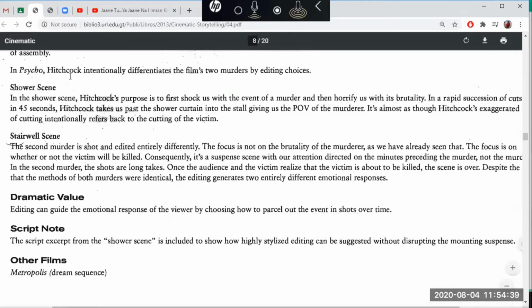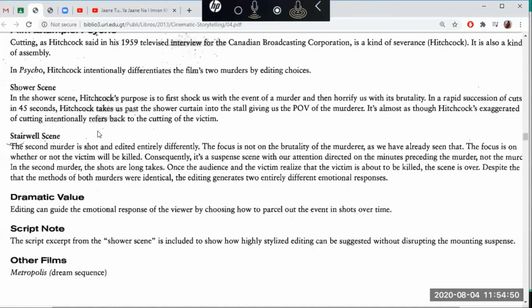Okay, so Hitchcock shows a murder, and it says murder in shower scene, and another murder that he says stairwell scene. So these two murders are shot and edited entirely differently.